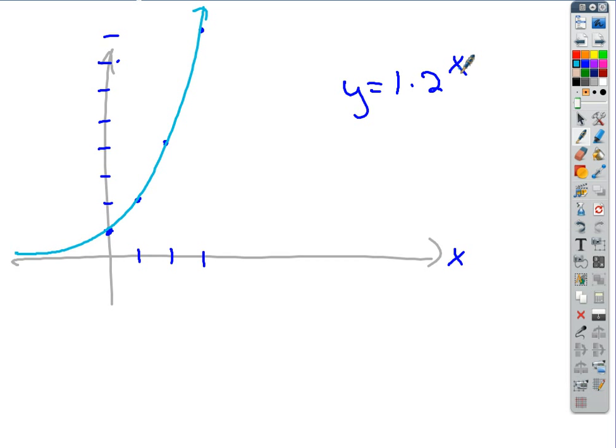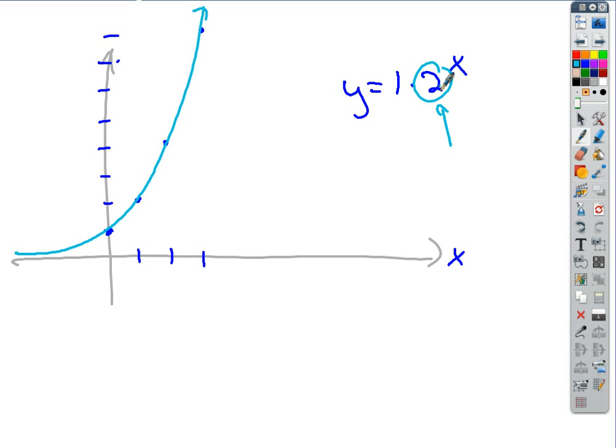So what that's really accomplishing is that this growth factor, in this case, tells us by what factor the amount increases every time x steps up by 1. So it's doubling. If this number were a 10, then it would be increasing by a factor of 10. It'd be getting 10 times bigger every time x moved over 1.